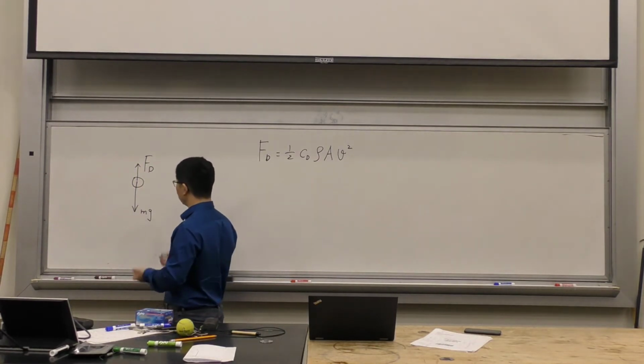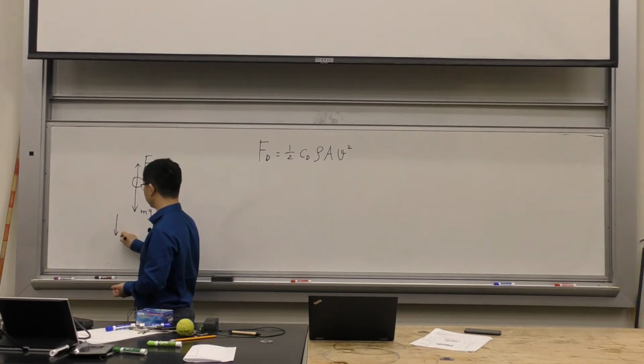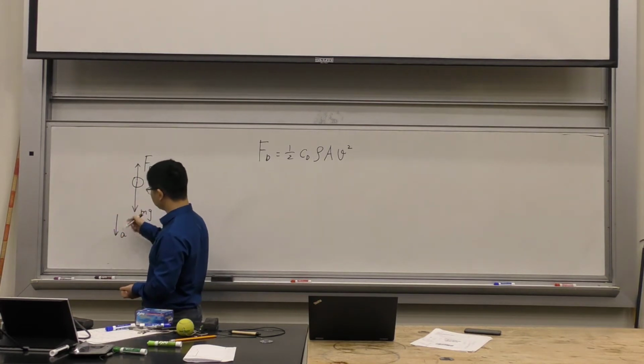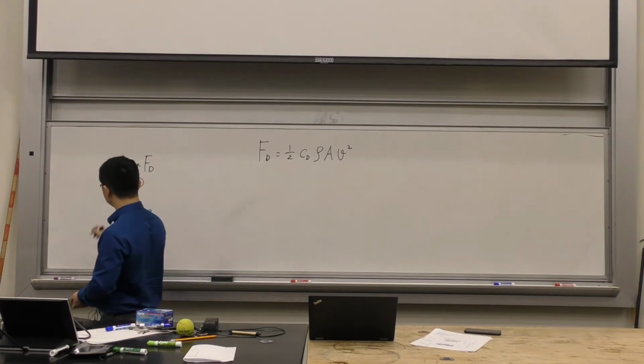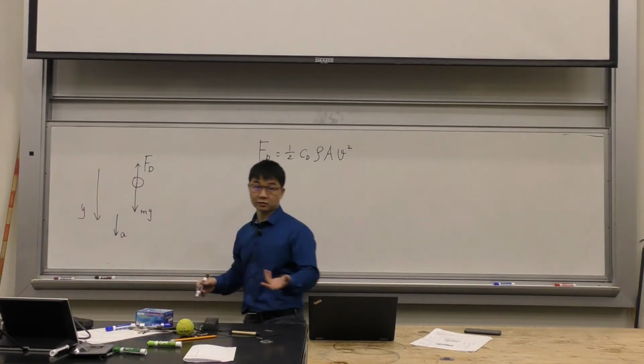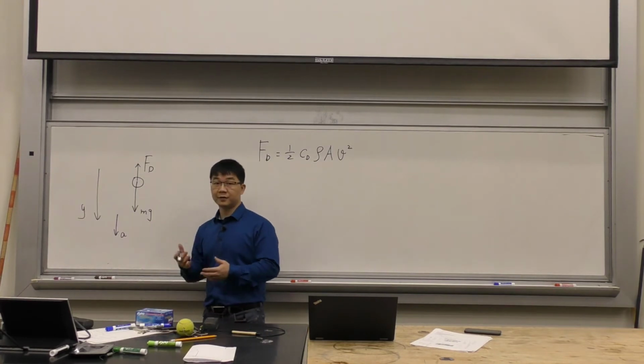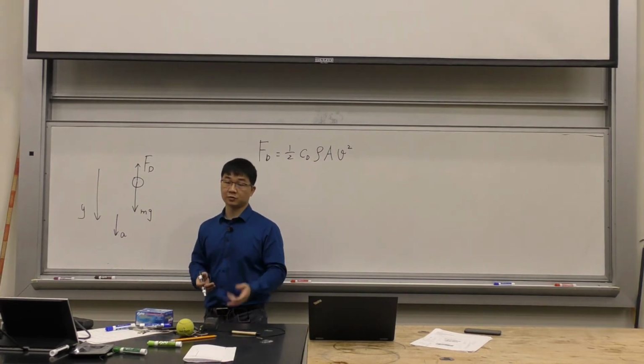In this case, obviously when it's falling, the acceleration is still down. So I have two vectors down, one vector up. To avoid negative signs, let's just call down the positive direction, okay? Because at the end, the acceleration I find is going to be a positive number.